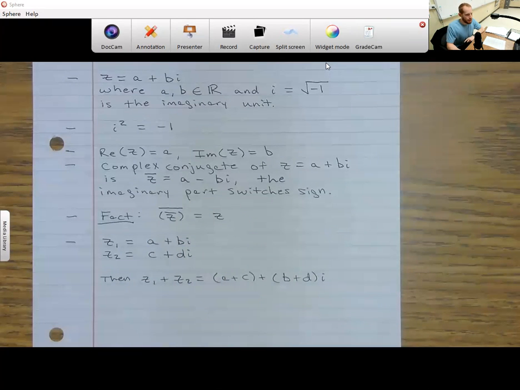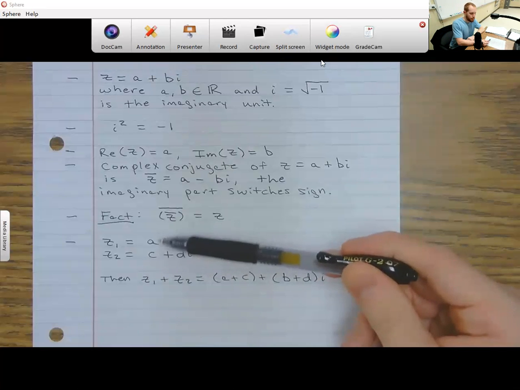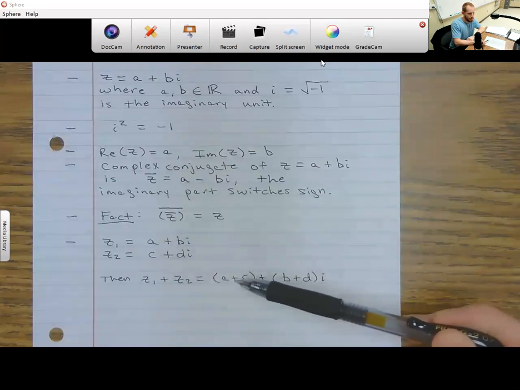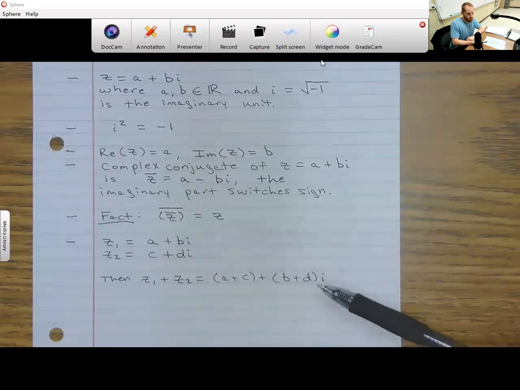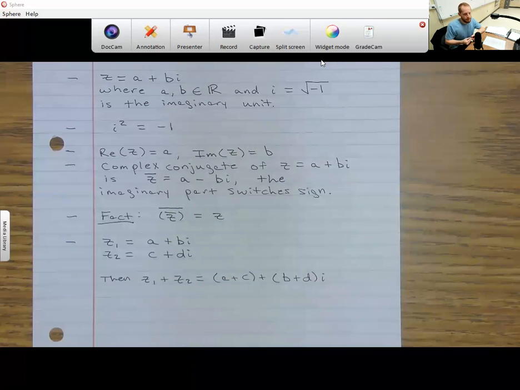And when we add complex numbers, what we're really doing is we're putting the real parts together. So a and c are going to be put together right here. And then the imaginary parts, b and d, those are going to be combined together over here. And the i is always going to be on the outside of the parentheses, right?